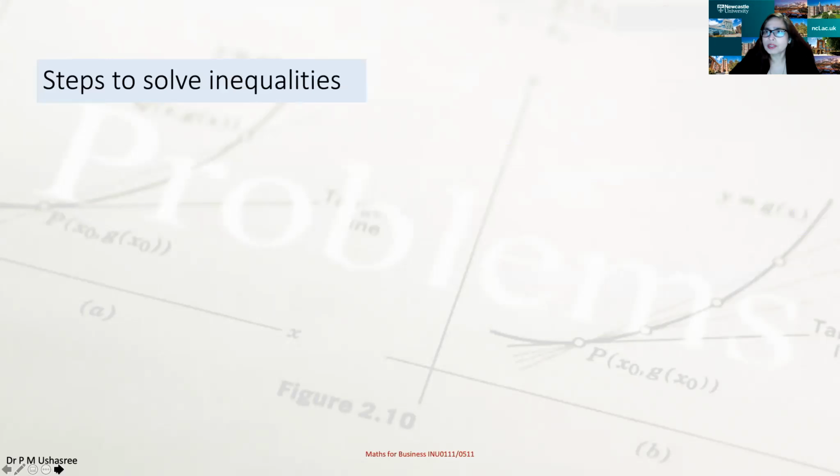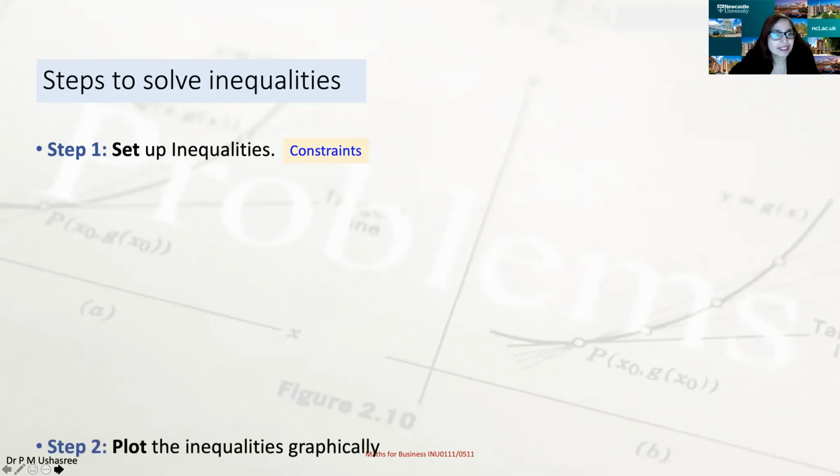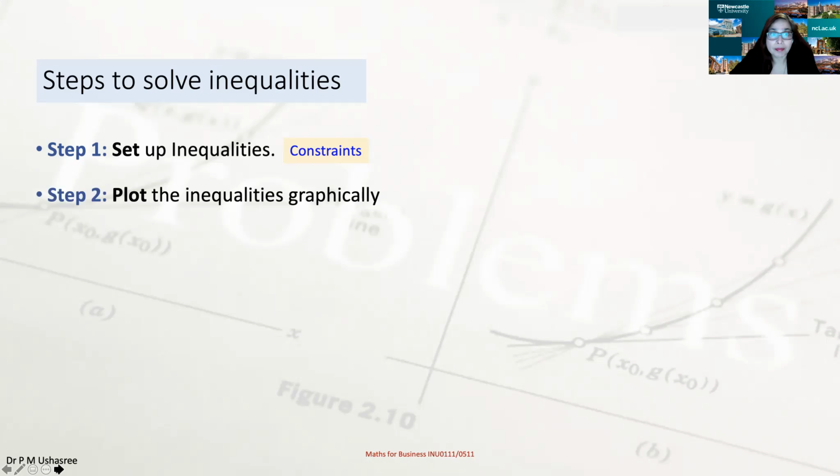Okay, how are we going to do that? The steps to follow to solve these problems, that's what I'm going to show you. The first step is to set up the inequalities, that is, set up the constraints from the given information. Second step, plot the inequalities graphically, which you have already done.